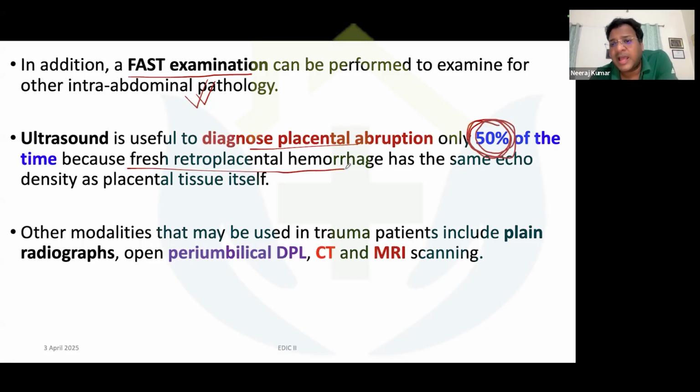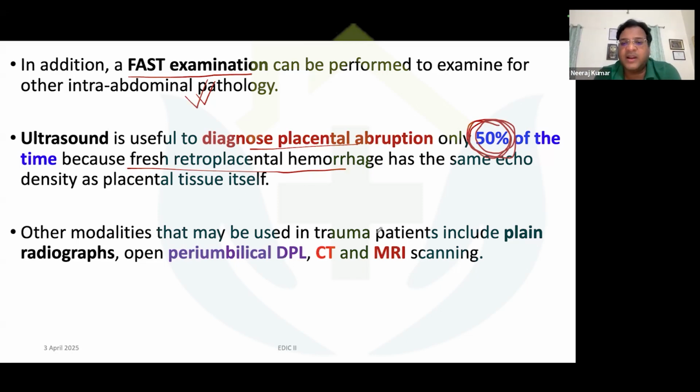Fresh retroplacental hemorrhage has almost the same echo density as placental tissue itself, since the tissue density is the same in placental abruption as well as normal. That's why it is very difficult.